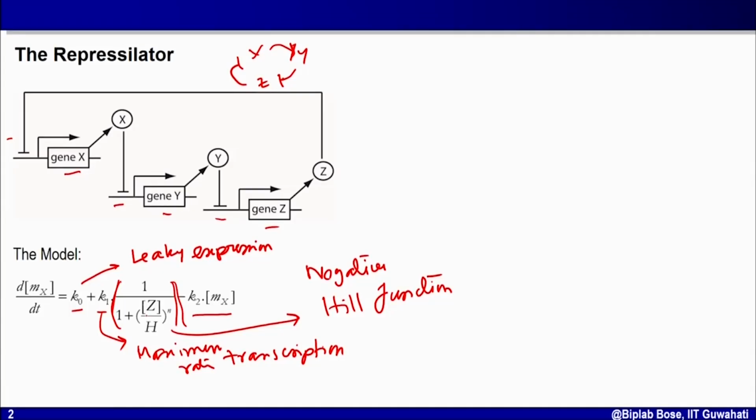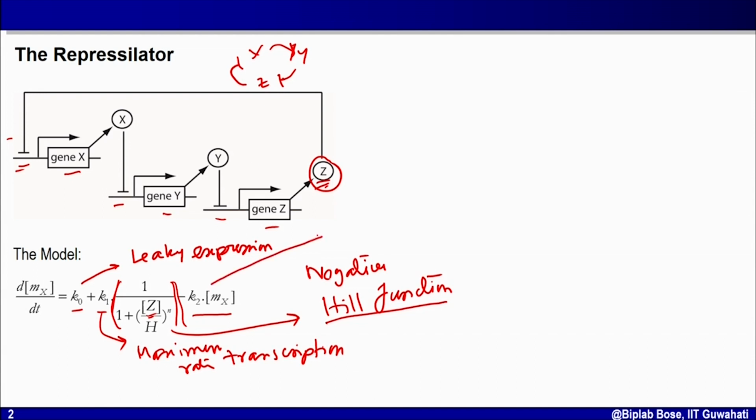So, I have considered a Hill function using Z here. Z is the inhibitor because Z is inhibiting X, as you see in the diagram. So Z divided by H, where H is my Hill constant, to the power n. So 1 by 1 plus (Z divided by H) to the power n is my negative Hill function.